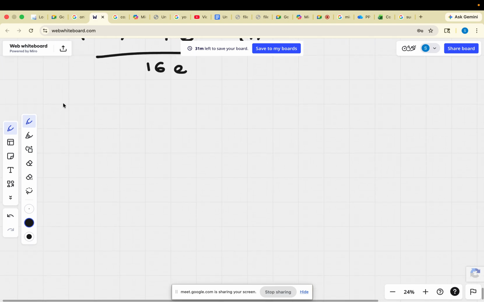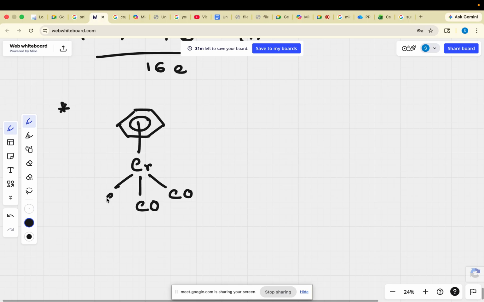Okay. Suppose you have this. Do it. Total electron count.